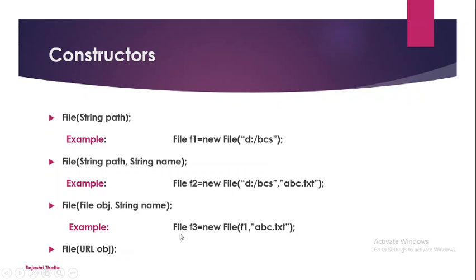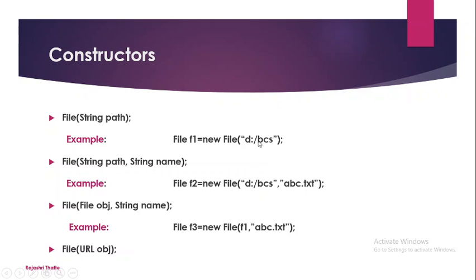Here is an example: File f3, an object of type File class, equals new File. I am using the f1 object, that is an object of the File class, just as we created in example 1, f1 comma "abc.txt" in double quotation marks. This is one and the same as what we did in f2.